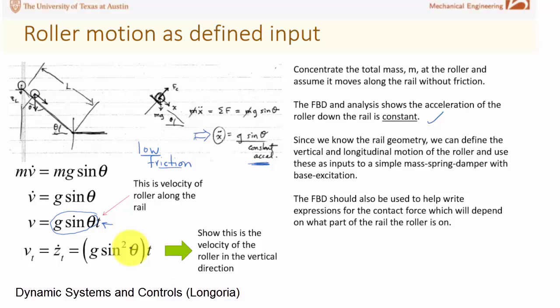This means that I can solve for the velocity in the vertical direction, which is the one that I want, or the rate of change of the displacement, by just taking the component in the vertical direction. And so I basically have now the velocity of the roller in the vertical direction. Prove to yourself that this expression is true. So now we can move on and use this as an input to the rest of our model.